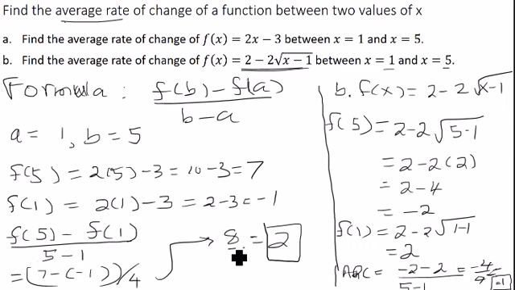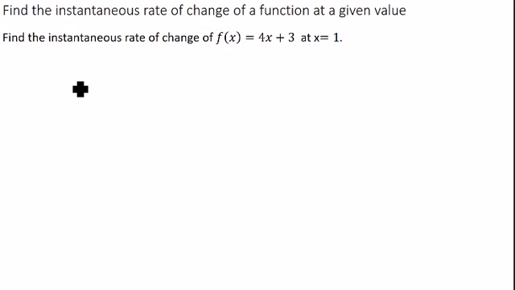Next, we're going to find the instantaneous rate of change of the function at a given value. The definition of the instantaneous rate of change is, let's just write the definition here.